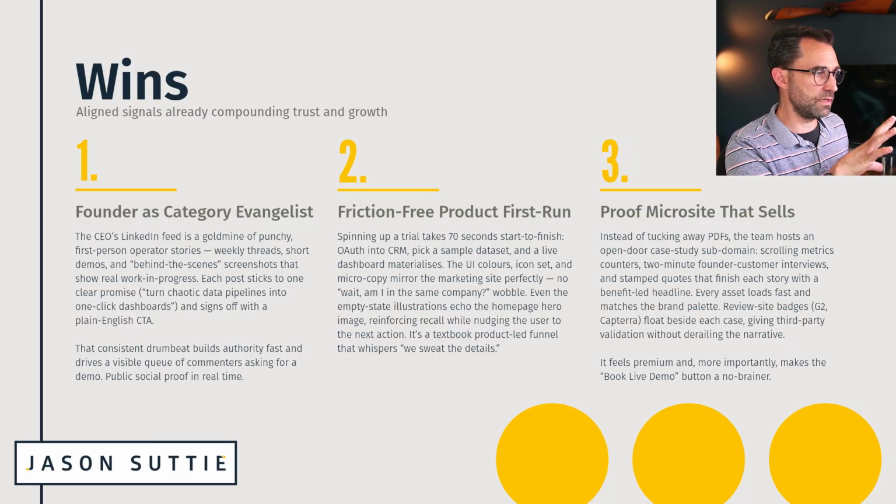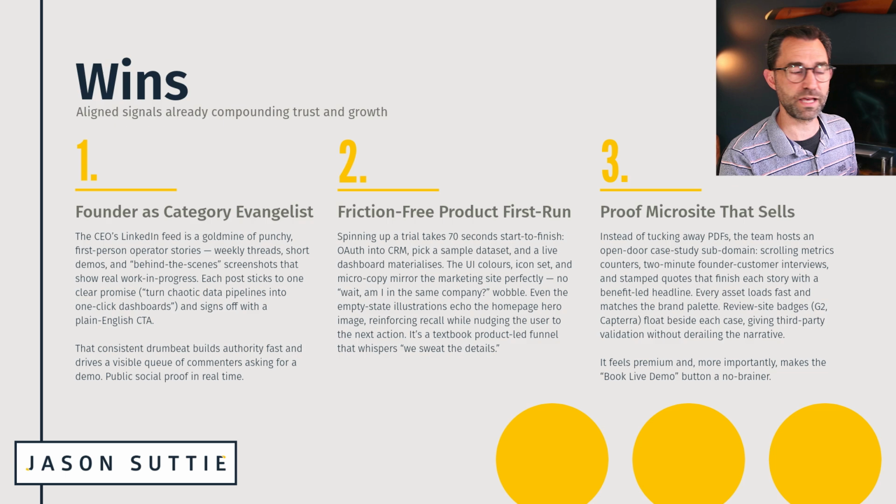So in this example, this company, the first one is the founder is a brilliant category evangelist. They share first-person operator stories, weekly threads, short demos, behind the scenes, and you can see how they embody the brand.